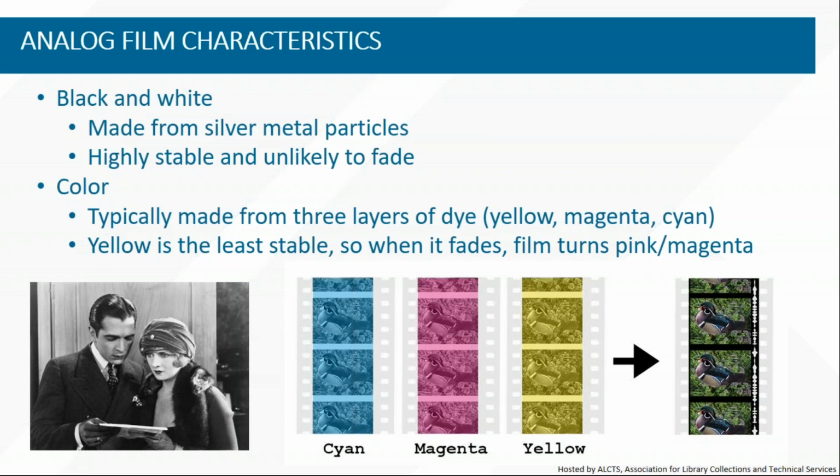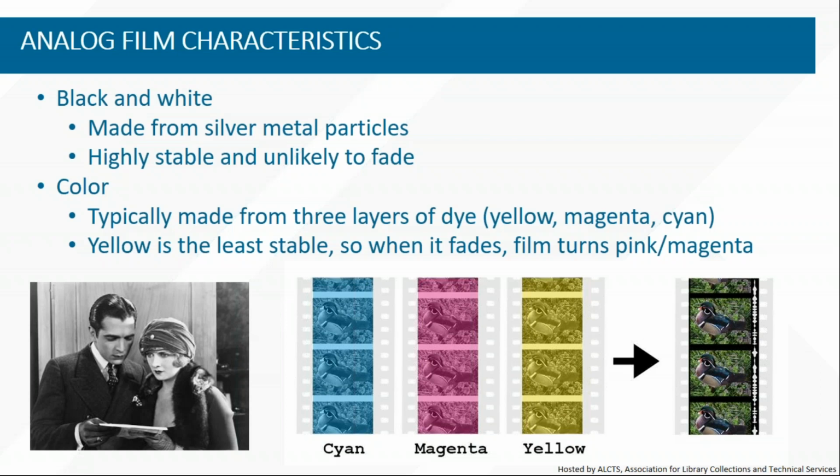Different film bases and actual film stocks have different properties that influence the way that color information is represented on the film, and also influences how we might triage selection of film to digitize. So in the case of black and white film, black and white's made from silver metal particles. It's highly stable and it is unlikely to fade.